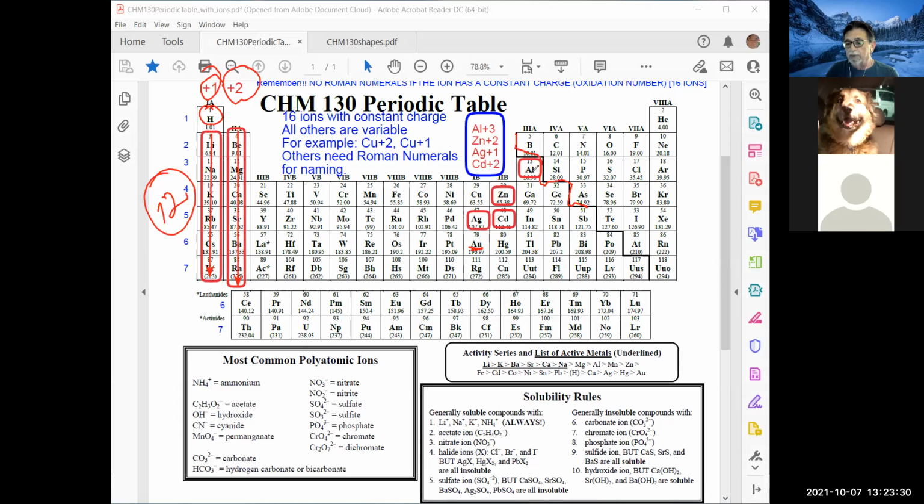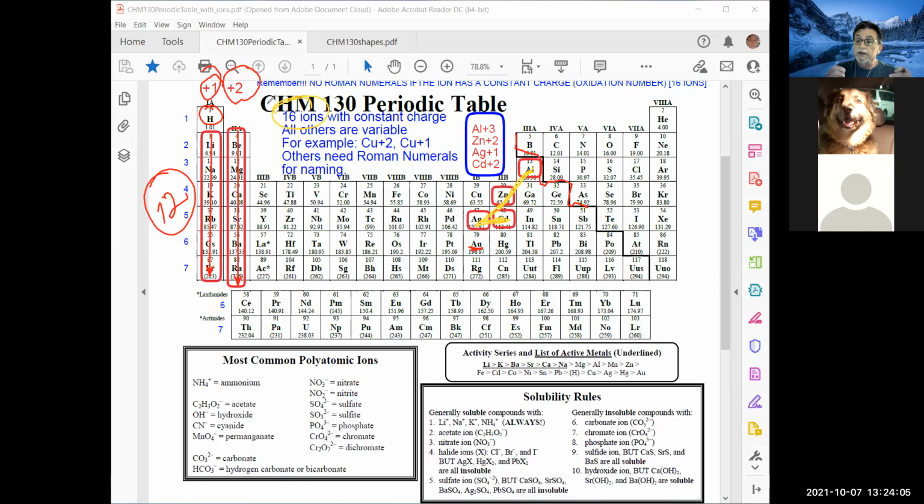One way to remember it: if I start at aluminum and go diagonally from top right to bottom, then cut back, I make a little wedge. Those 4, plus the 12 I just gave you, give us the magical sweet 16 metals that have a constant charge 100% of the time. You know what their charge is. They will not vary.